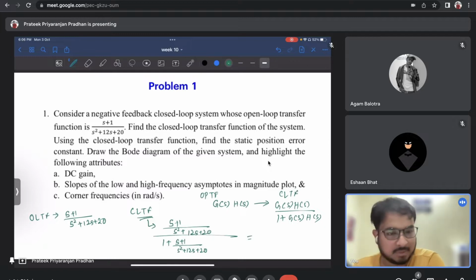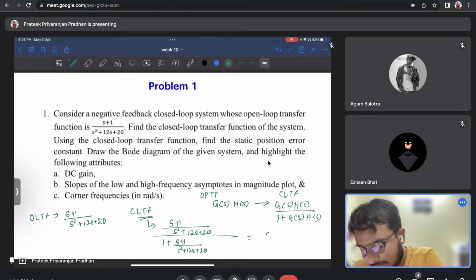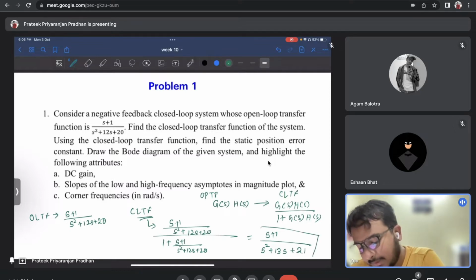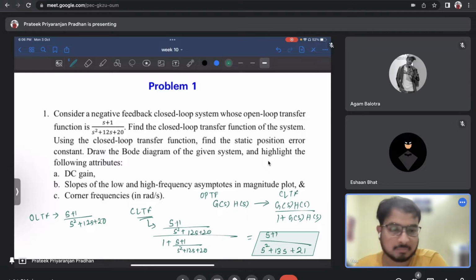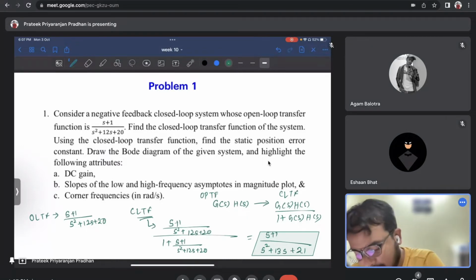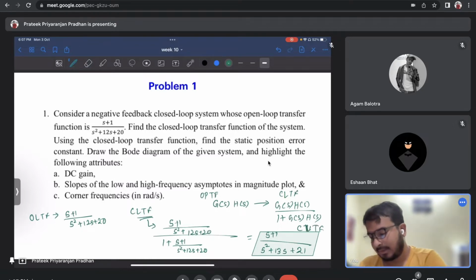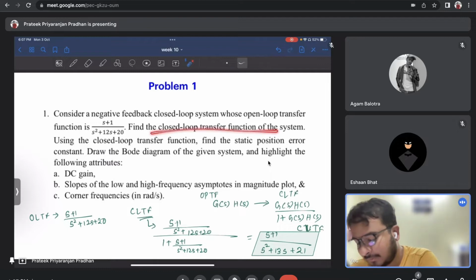This will turn out to be s plus 1 whole divided by s square plus 13s plus 21. This is a very basic question, and you should be expert at finding closed loop transfer functions. So this part of the question is very simple.